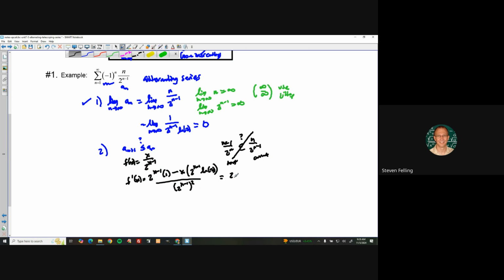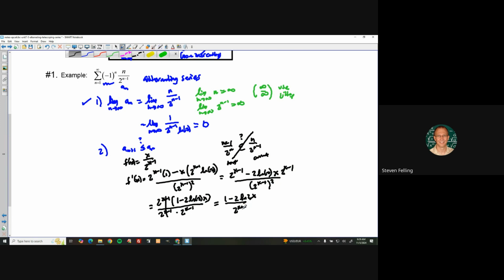So this is going to be 2 to the x minus 1 minus 2 times natural log of 2 times x times 2 to the x minus 1, over (2 to the x minus 1) squared, which would be, I can factor out a 2 to the x minus 1, leaving a 1 minus 2 natural log of 2 times x. And then there's 2 of these here, so there's a 2 to the x minus 1 times another 2 to the x minus 1. So those cancel. So you somehow have to convince yourself whether or not this is a positive or negative derivative.